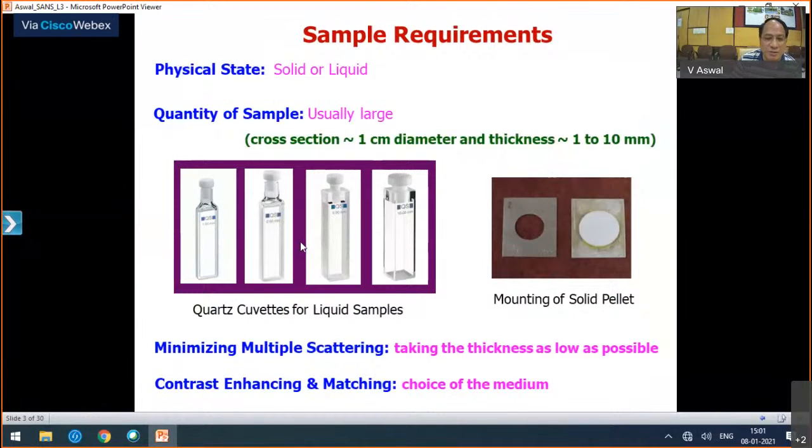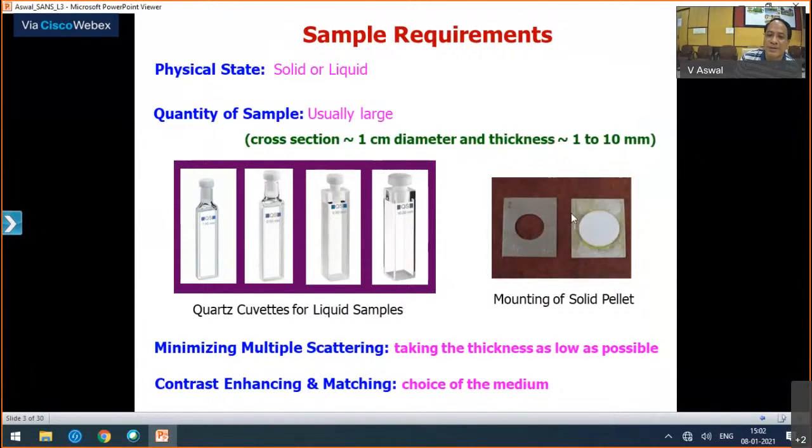One costs around 10 to 15,000 Indian rupees. With a smaller thickness, pouring the samples and cleaning afterwards becomes very difficult. So most of the time the lowest thickness used is around 1 millimeter, with a width around 1 centimeter, and the length around 4 to 5 centimeter.